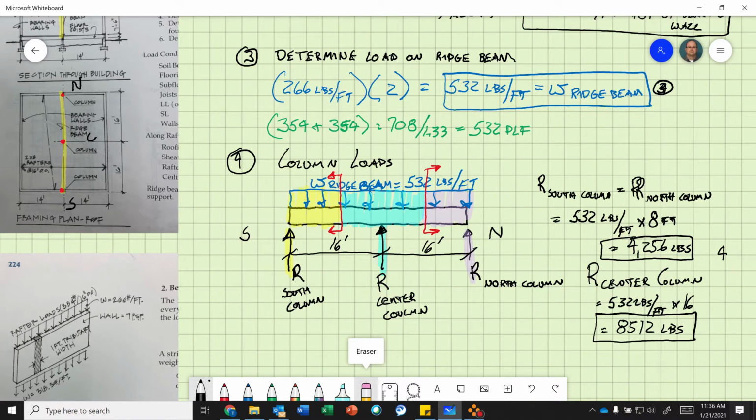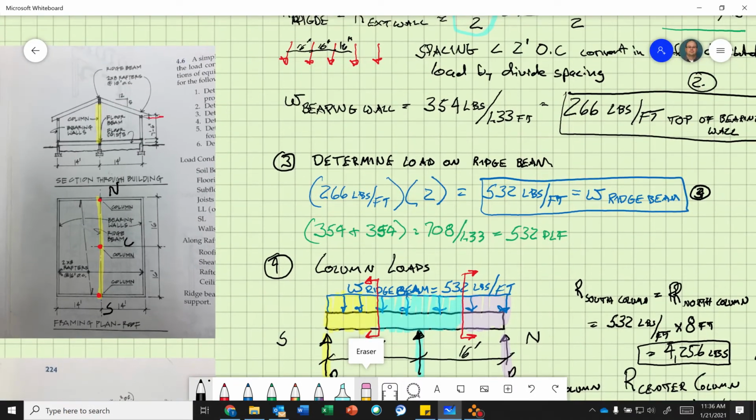So now where are we? We have the ridge beam, and then we went from the ridge beam down to the center. We're not on the exterior walls yet. Now we're down to the top of the floor beam.